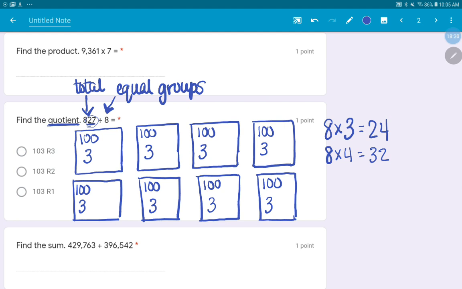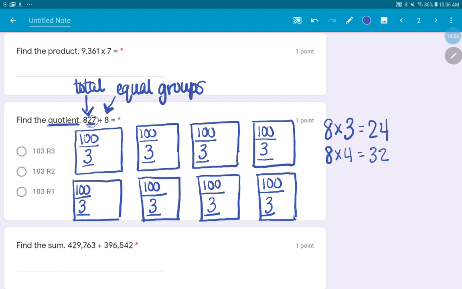We wrote that down wrong. So, how many extras do I have? If I can put 103 in each group, let's count how many we've used. 100, 200, 300, 400, 500, 600, 700, 800, 803, 806, 809, 812, 815, 818, 821, 824.